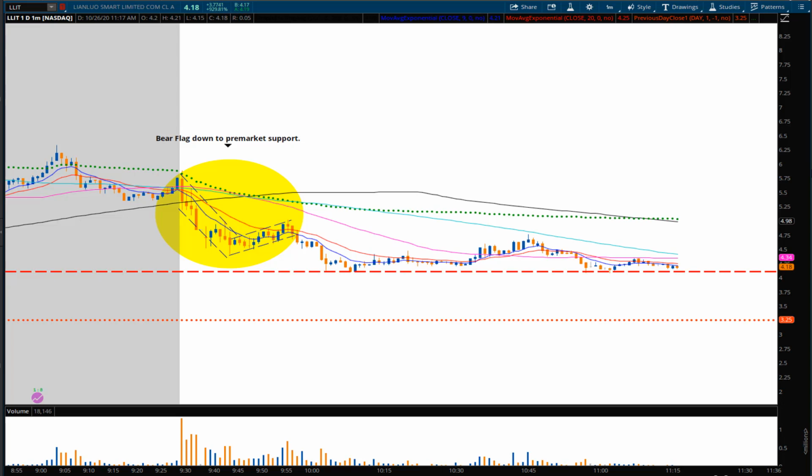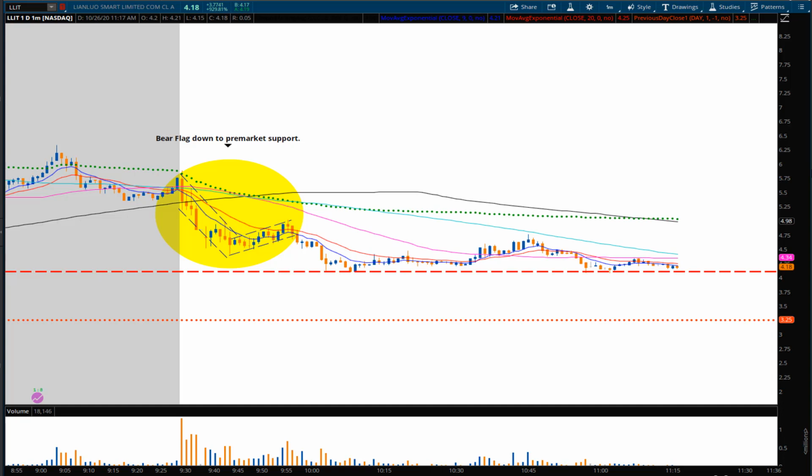When price gets overbought and oversold, it tends to act like a rubber band and wants to gravitate back to those support and resistance levels. So you can see price is falling, moving back to the resistance near those moving average lines, and then it ended up falling, and you can see it's bouncing off pre-market support levels right above that $4 level, right?